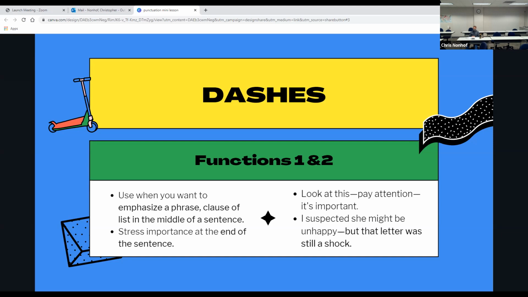This one, I suspect you might be unhappy. Dash, but that letter was still a shock. Could it just be a comma? So is that wrong? No, it's not wrong. Under normal circumstances, it's a comma.